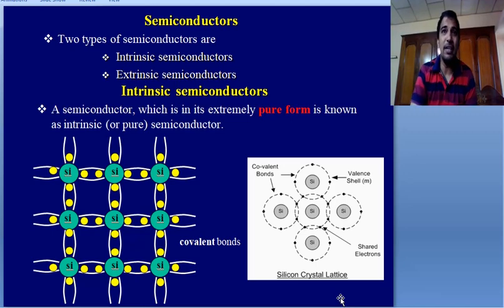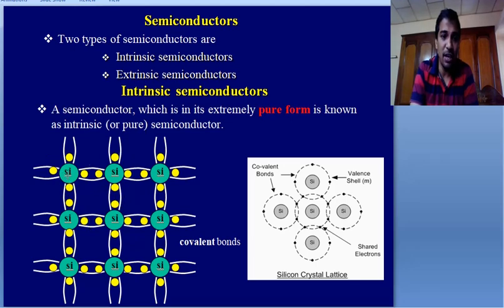Semiconductor types we discuss now. First one intrinsic semiconductor, second one extrinsic semiconductor. First of all, what is intrinsic? The basic level, pure form of semiconductor is known as intrinsic semiconductor. See the silicon, all are silicon atoms. I have chosen silicon material, right? It has 4 valency electrons. The second atom also has 4 valency electrons.